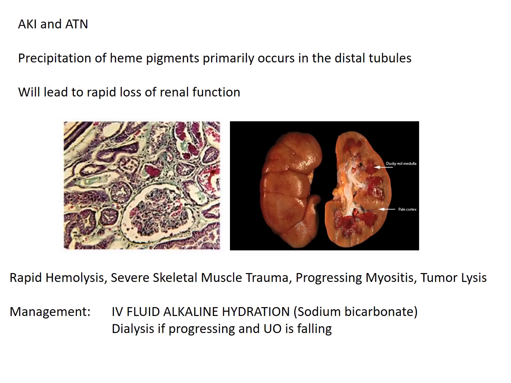The management of ATN is aggressive restoration of volume and perfusion, and in select cases such as hemolysis, rhabdomyolysis, tumor lysis syndrome, alkalinization of the urine to minimize the precipitation of those protein toxins in the tubule.